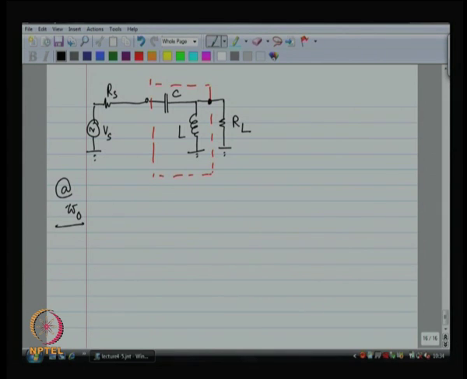All right. Then the inductor in parallel with the resistor can be transformed to an inductor in series with a resistor.